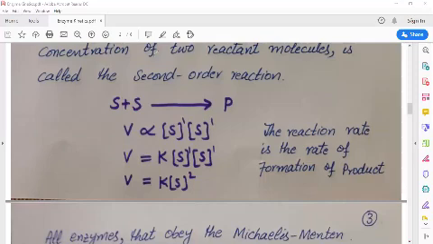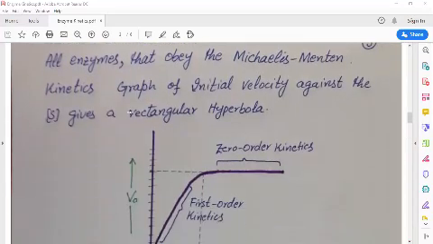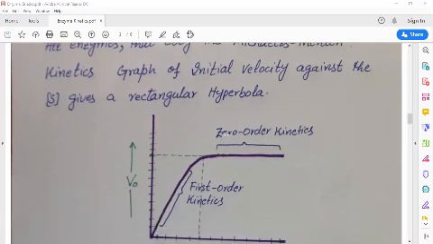Now, in the next slide, we will see that all enzymes that obey Michaelis-Menten kinetics, the graph of initial velocity against the substrate concentration, give a rectangular hyperbola.